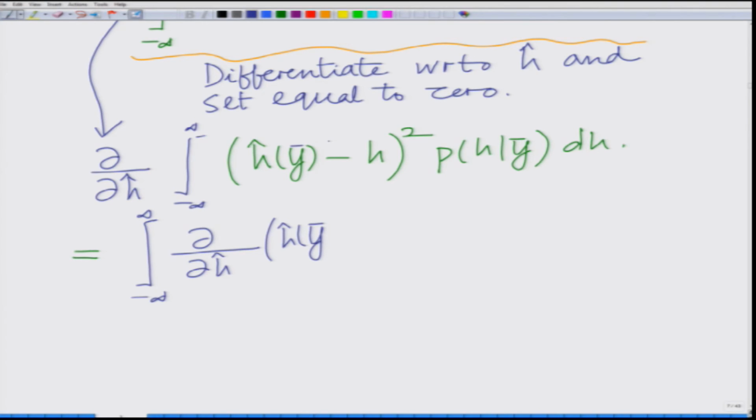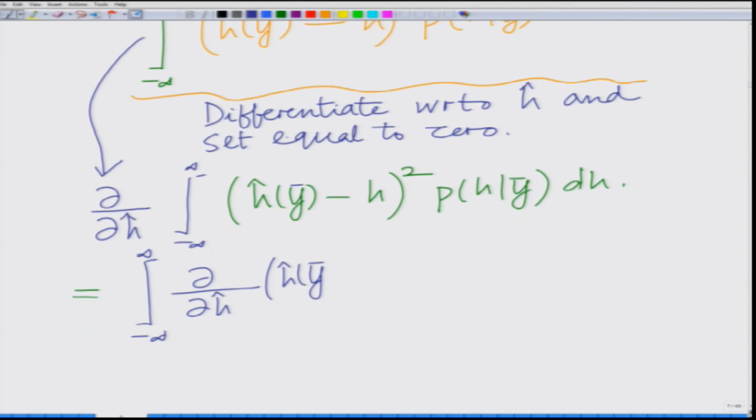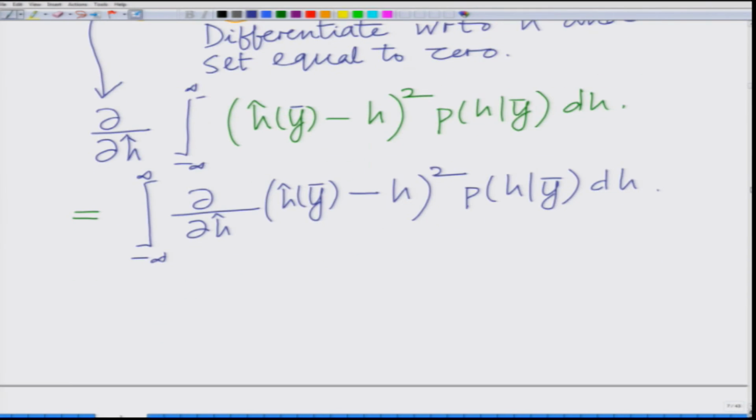Only this quantity depends on h hat; the rest does not depend on h hat.